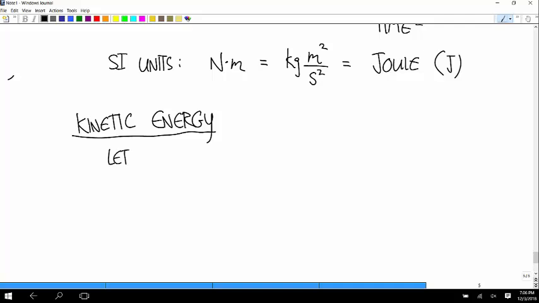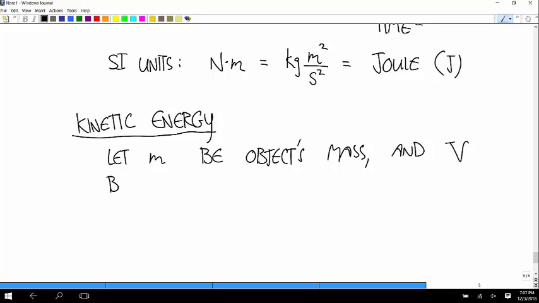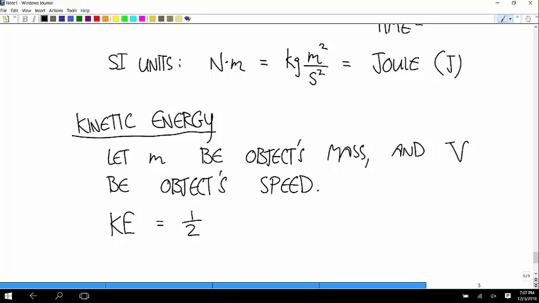Let lowercase m be the object's mass, and capital V be the object's speed. Then the kinetic energy of the object is 1/2 times the mass times the speed squared.